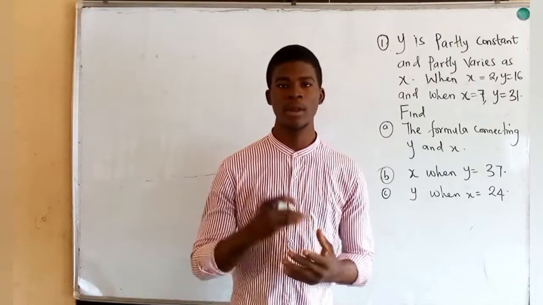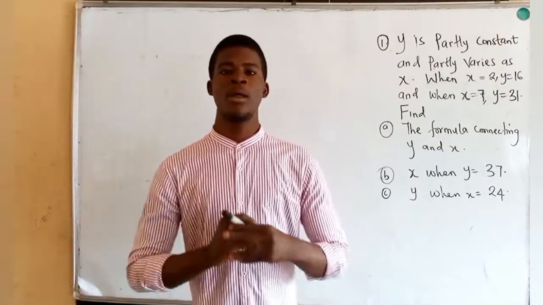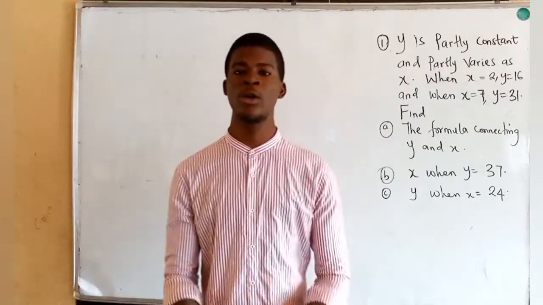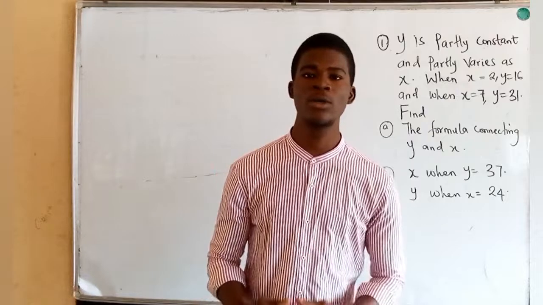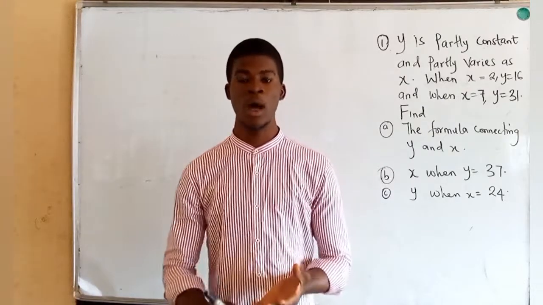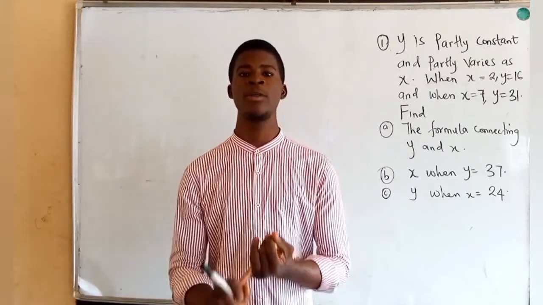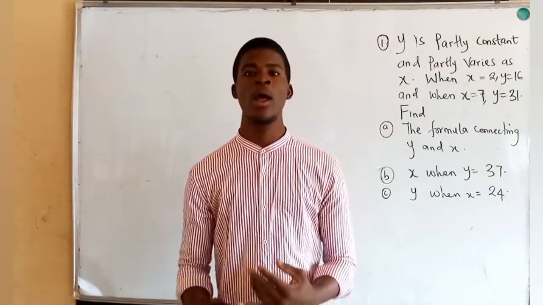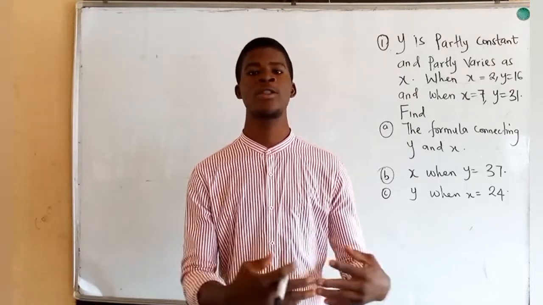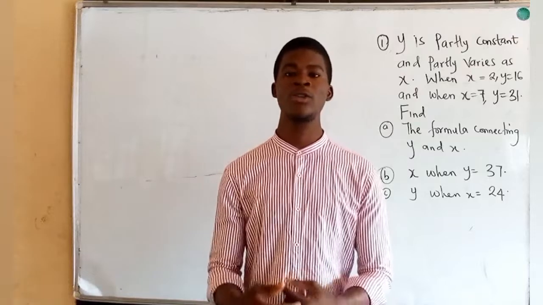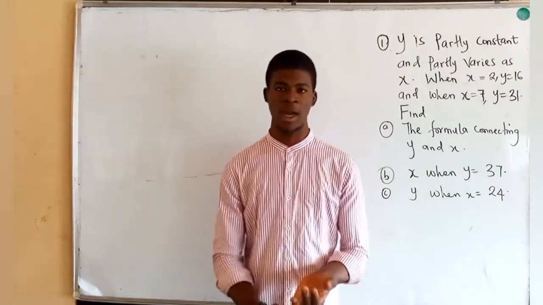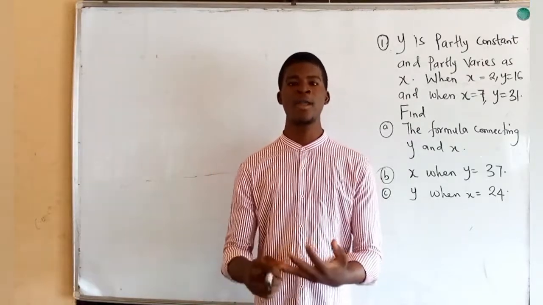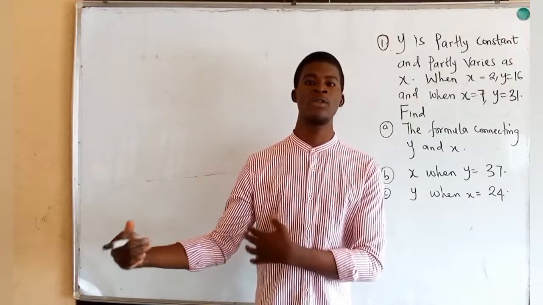Now, let's take another example. The cost of electricity consumption depends on two things actually. One, it depends on the quantity of electricity consumed, and it also depends on the service charge. In electricity consumption, there is a constant charge or service charge, and there is the quantity of electricity consumed.